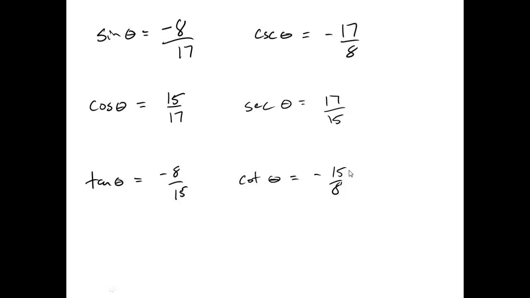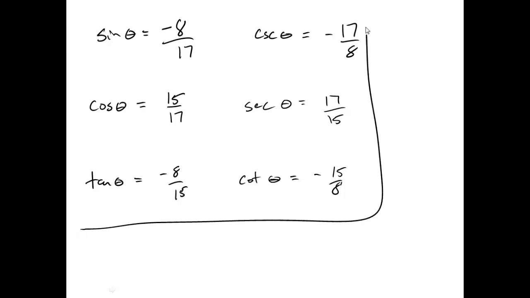Alright, so it's important to know the reciprocal identities. In other words, which values go with which. I'm going to write them out so you have them, but really we've been using them all along. Alright, so these are the reciprocal identities.